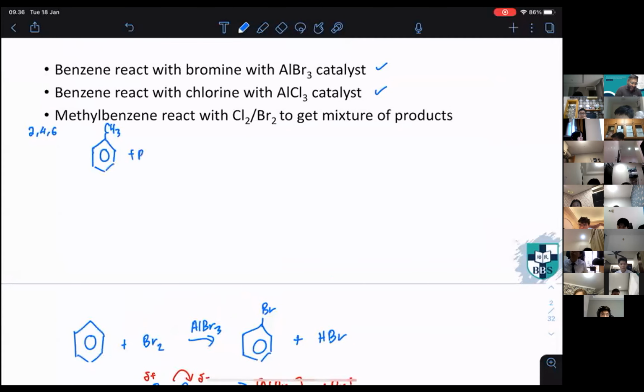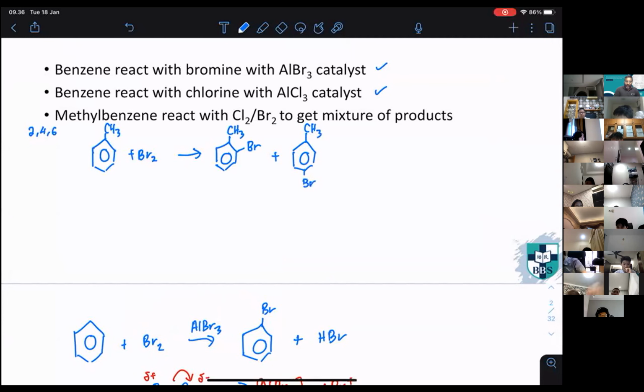So when you have the Br2, for example, the methyl group is going to direct the Br to go to position number 2, or it will direct the Br to go to position number 4. Position 6 is the same as position 2, so we are not going to write it over there. So these are the two, plus HBr, it's not balanced.